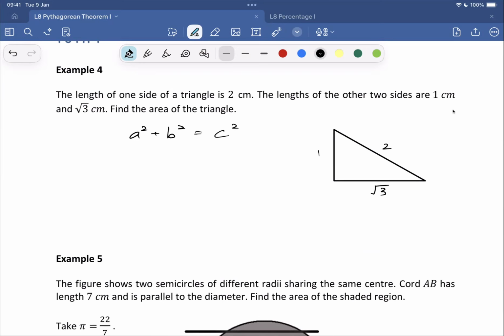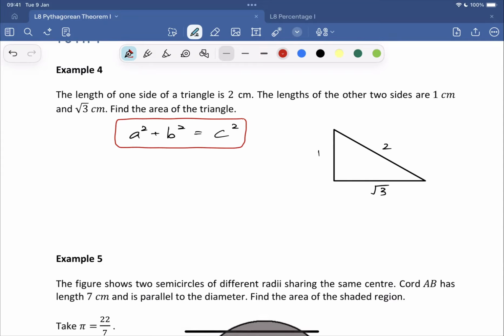Now, if we know that Pythagoras theorem only works for right-angled triangles, then if I have a triangle that satisfies this equation, do you think it's going to be a right angle? Yes, correct.